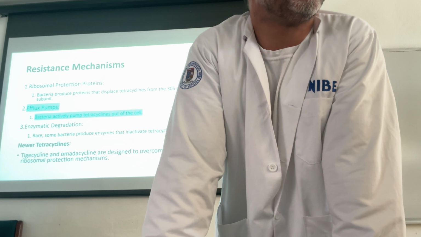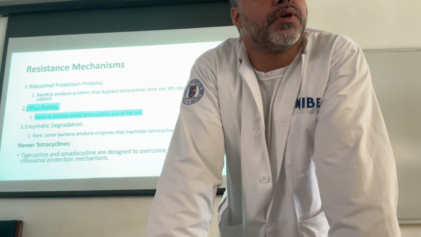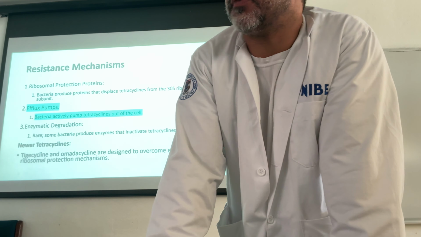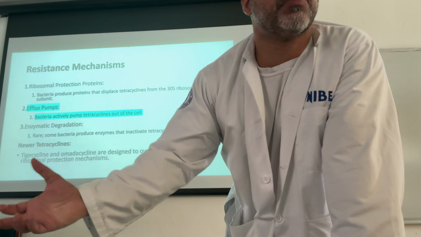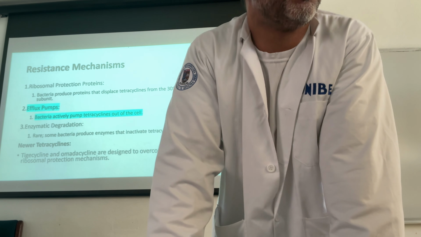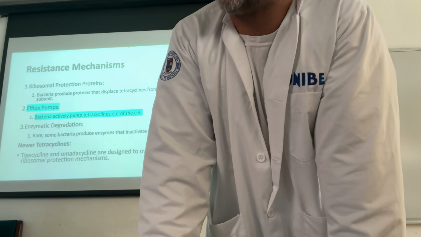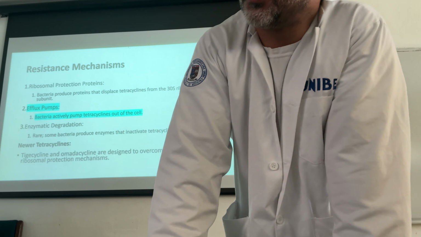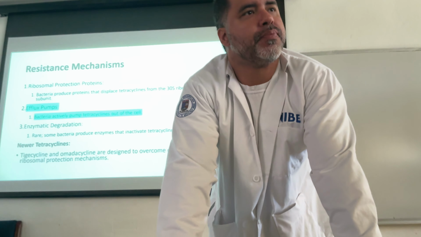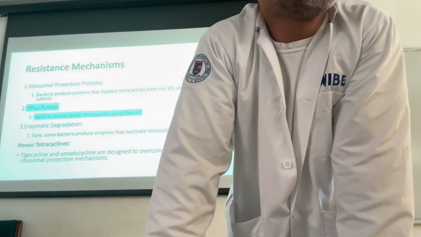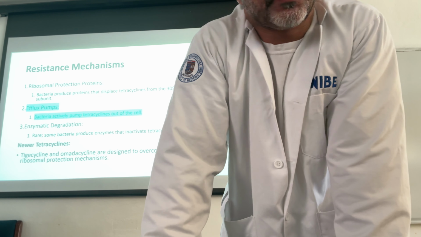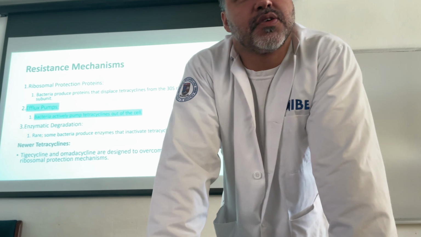And then you have mechanisms such as efflux pumps, in which the antibiotic that is inside the bacterium is pumped out of the cell. What's the name of the protein that carries out this function in bacteria, eukaryotic cells, prokaryotic cells, cancer cells?